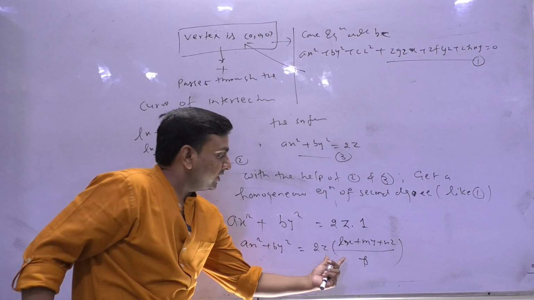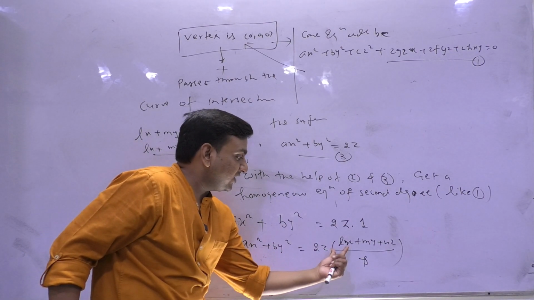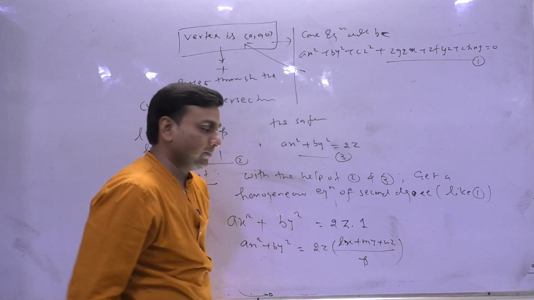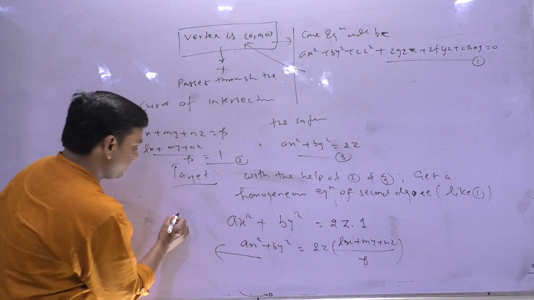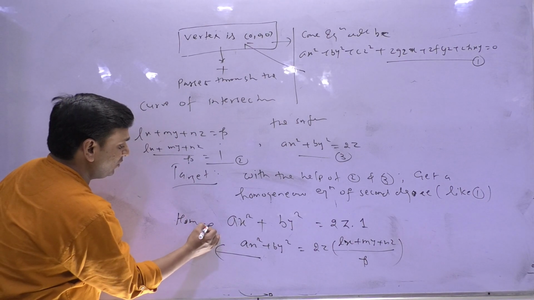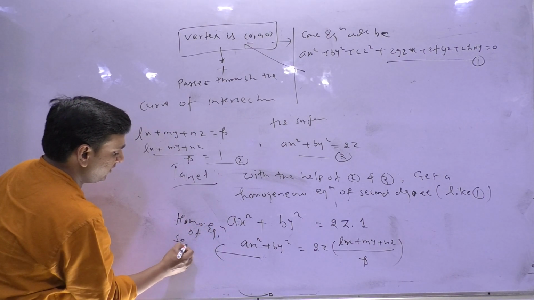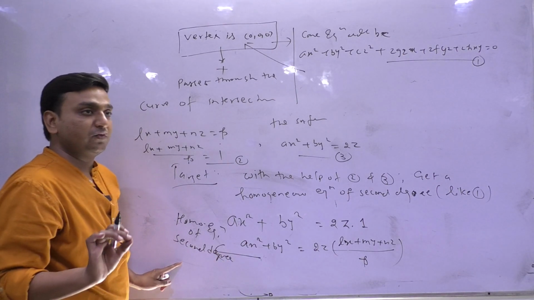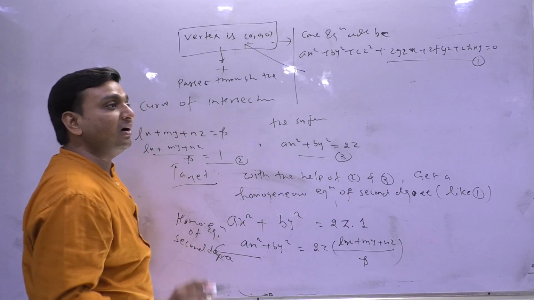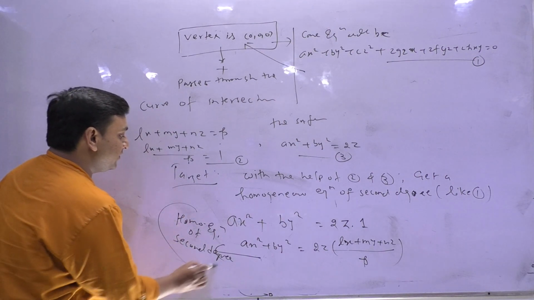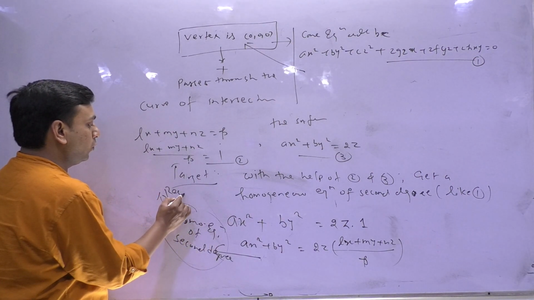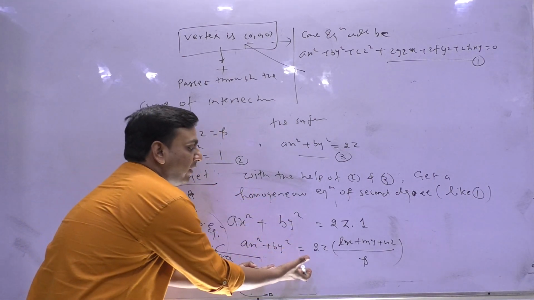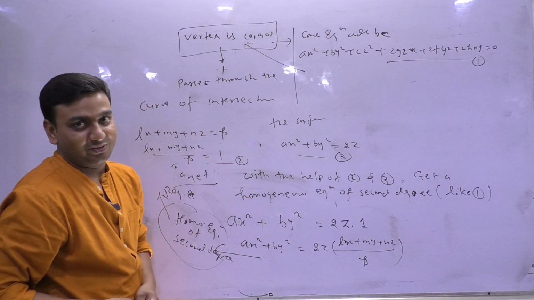So the terms of this degree, zx, zy, z square, mean this is a homogeneous equation of second degree, and a homogeneous equation of second degree always represents a cone, and this is the required equation of cone. Why? Because with the given surfaces I have found this homogeneous equation.